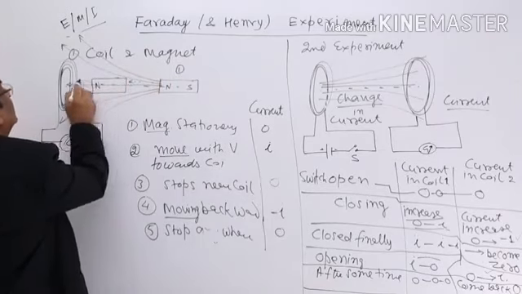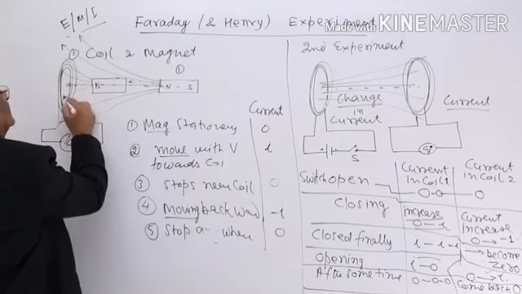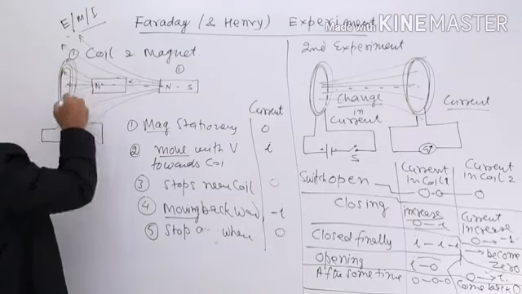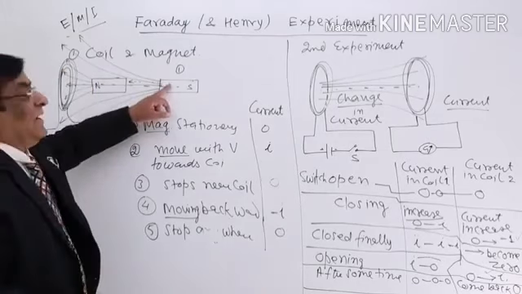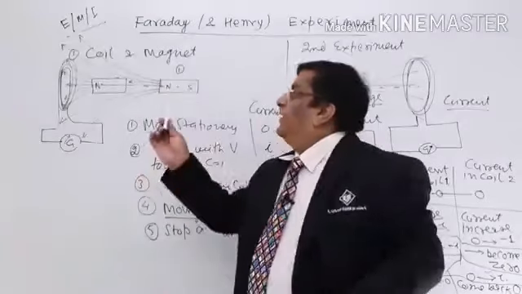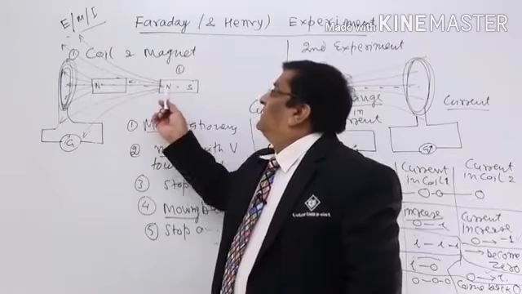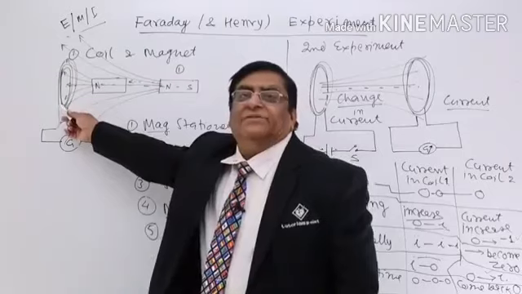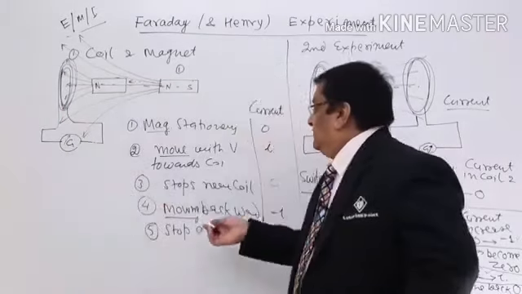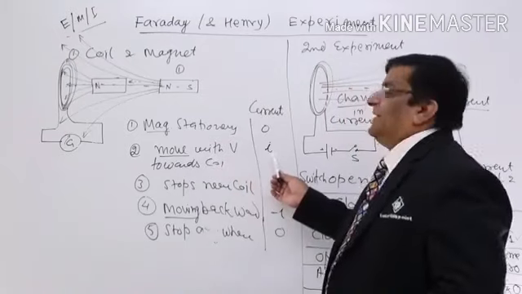This is 1, this is 2, this is 3, this is 4, this is 5, and the magnetic field linked to this is 5. Here it was 1 and now it has become 5. So, when we are moving in this direction, there is a change in magnetic flux linked to this coil. And because of this change, the current is there.